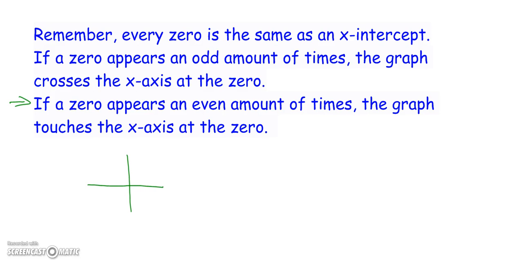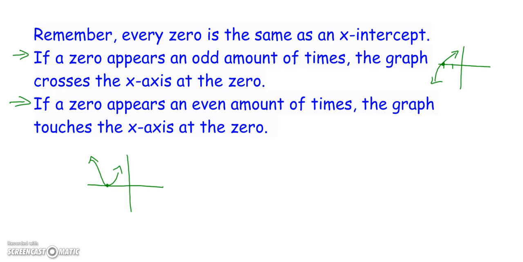Where if a graph had an odd amount of zeros, that graph, let's say right here, is going to pass through the x-axis. Whereas over here, it only touched the axis. And that's dependent upon if the 0 appears an odd amount of times or an even amount of times.